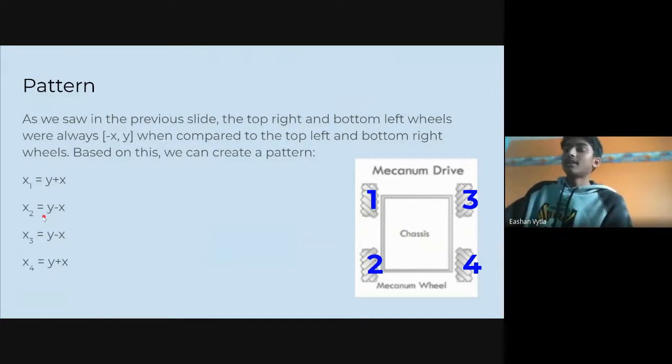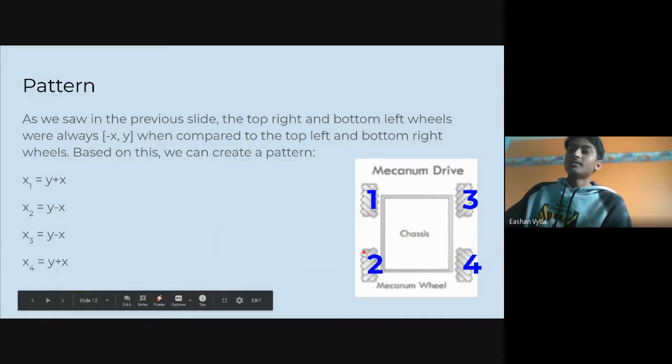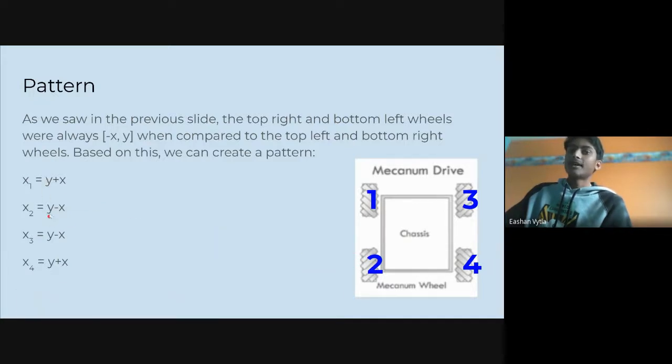So if I have a net force, I'm trying to find the individual wheel powers based on that net force. So if all the y's are always positive y, then we can say y, just positive y.